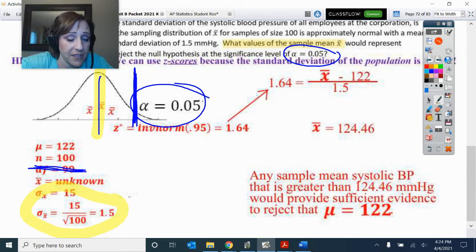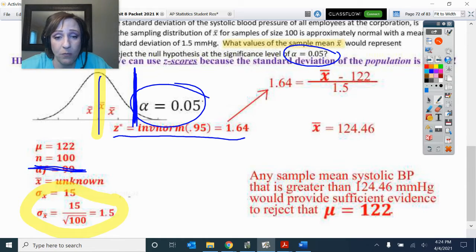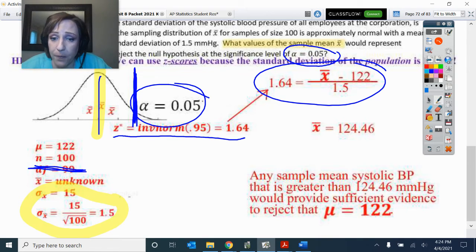So I need to find the z-score there. So inverse norm of 0.95 is 1.64. And then I solve for x bar, keeping in mind that it's not just the number 124.46. It's any x bar greater than or equal to that.